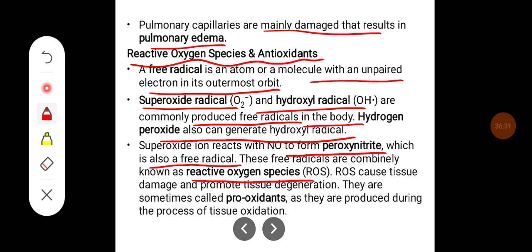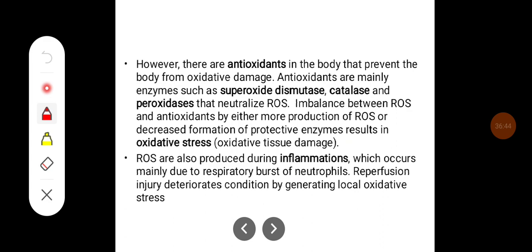ROS cause tissue damage and promote tissue degeneration. They are sometimes called pro-oxidants, as they are produced during the process of tissue oxidation. However, there are antioxidants in the body that prevent the body from oxidative damage. Antioxidants are mainly enzymes such as superoxide dismutase, catalase, and peroxidases that neutralize ROS.